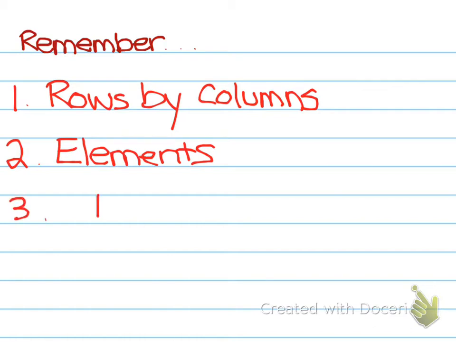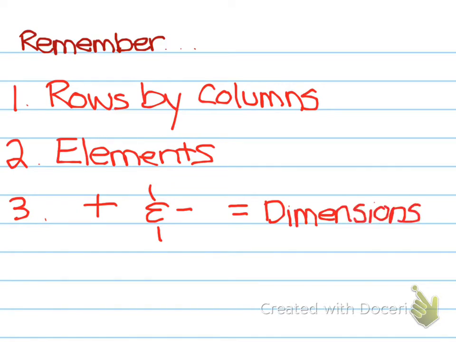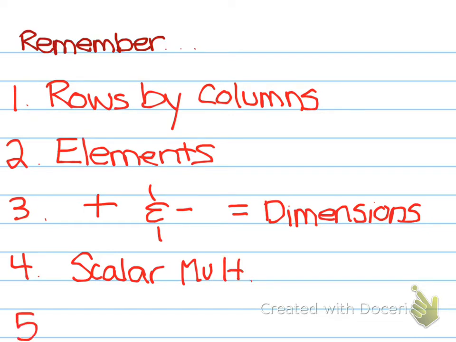You have to remember that when we add and subtract matrices, they need to have equal dimensions to do so. Remember, when we do scalar multiplication, all you do is each element gets multiplied by the scalar multiplier on the outside. And then remember that we can solve for variables given the information that the matrices are equal.